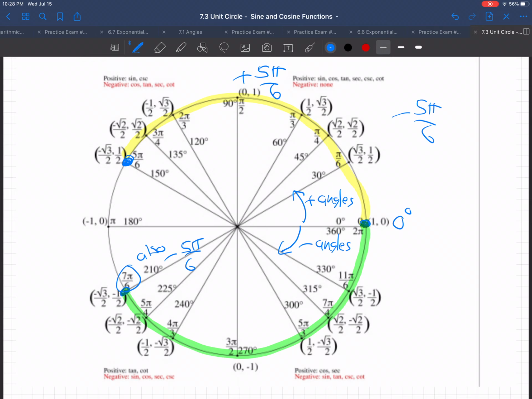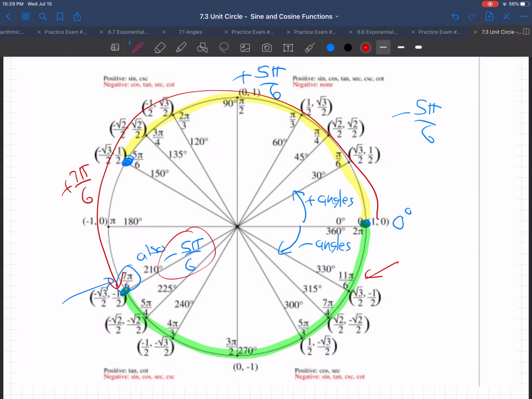I know it says it's positive 7 pi over 6. When they call it positive 7 pi over 6, they mean from here all the way to there is positive 7 pi over 6, and that's true. But I'm interested in what this green thing does, the negative angle, and that's going to be negative 5 pi over 6. That's another way of saying the same angle.